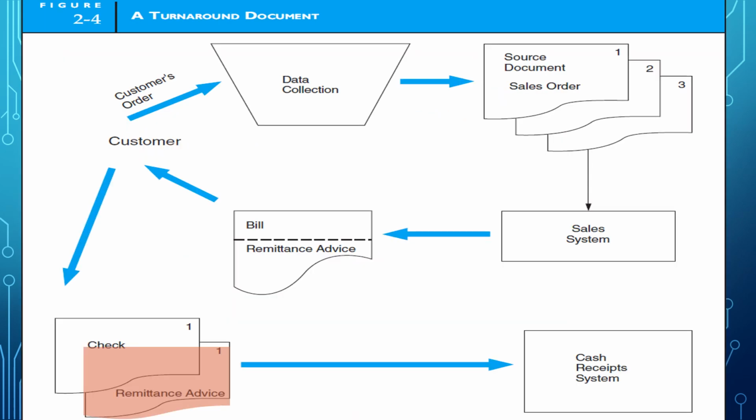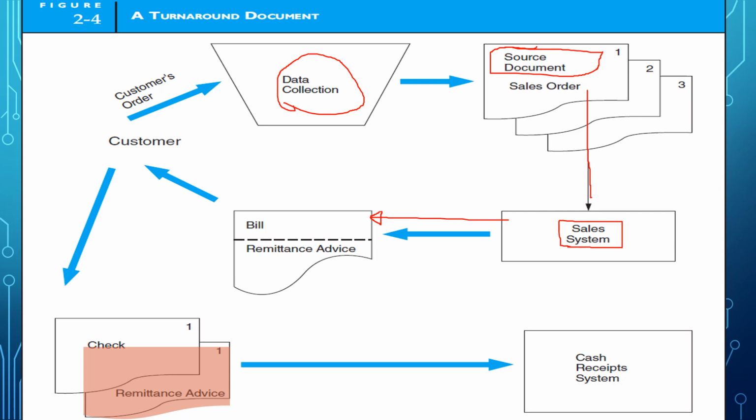In this complete diagram, we can see that it starts with the process of data collection by customer order, which produces the source document, the sales order. This sales order is sent to the sales system to process and produce the new document, the product document, which is the bill or invoice. This bill is sent to the customer.